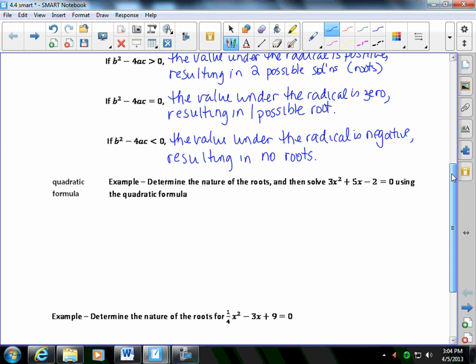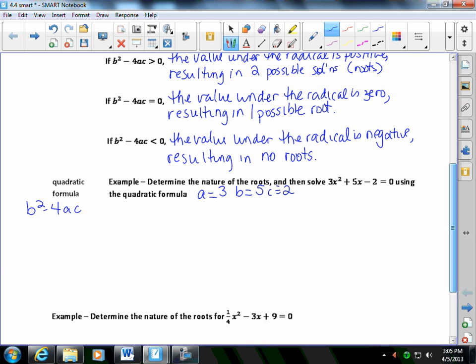So 3x squared plus 5x minus 2 is equal to 0. So step number 1 is always identify a, b, and c. So a is a 3, b is a 5, c is a 2. Sorry, c is a negative 2. So then I take my discriminant, which is b squared minus 4ac, and I substitute into that.